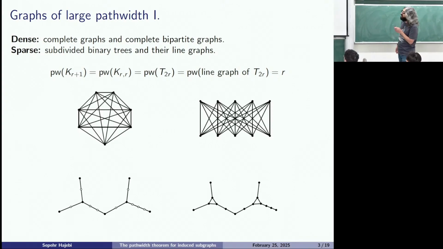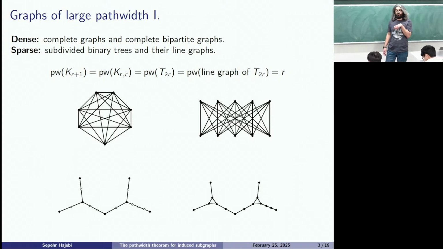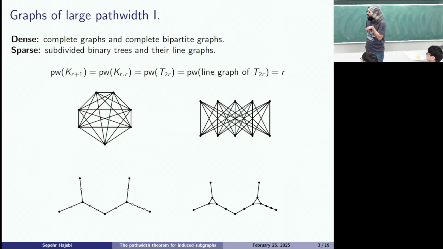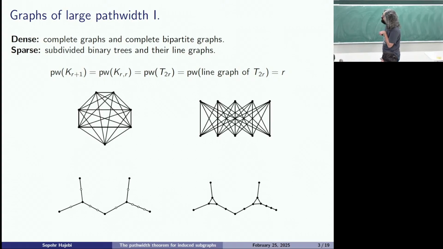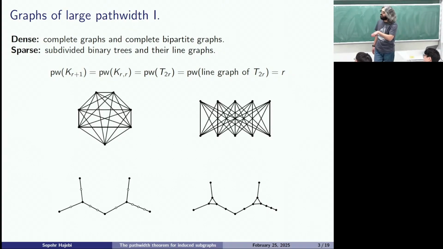Subdivided binary trees and their line graphs also have arbitrarily large pathwidth. The pathwidth of a binary tree is, I don't know, half the radius rounded up, and subdividing edges doesn't decrease the pathwidth. And the same is also true for the line graph.